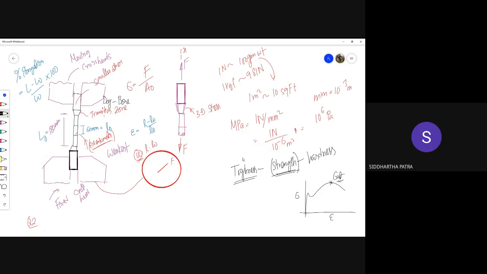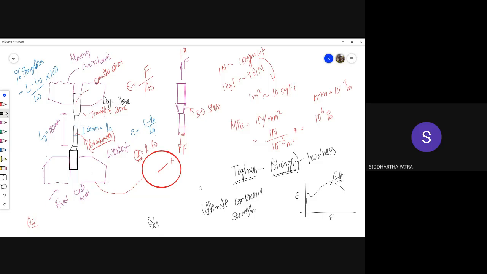So next comes assignment question number 4. Okay. So the assignment question number 4 is: why isn't there an ultimate compressive strength?